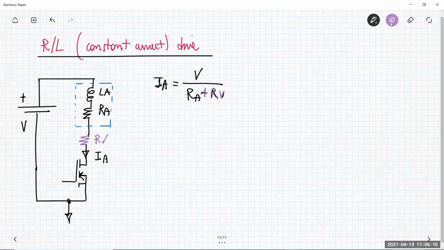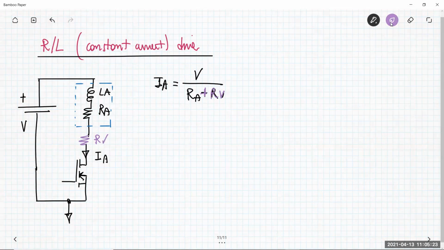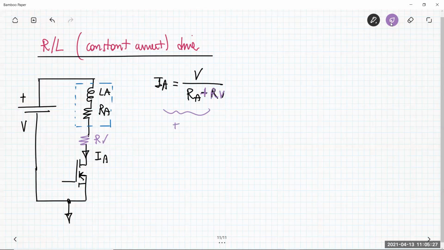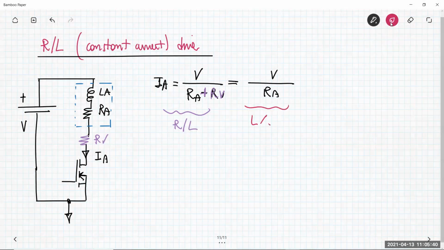Okay, now suppose that I want to maintain this current at a safe level, the maximum possible level that the manufacturer specified in the datasheet. So this is for these circuits, let's say R over R. And let me put this current equal to the same current that you can have in the circuits, that is the R over R driver.